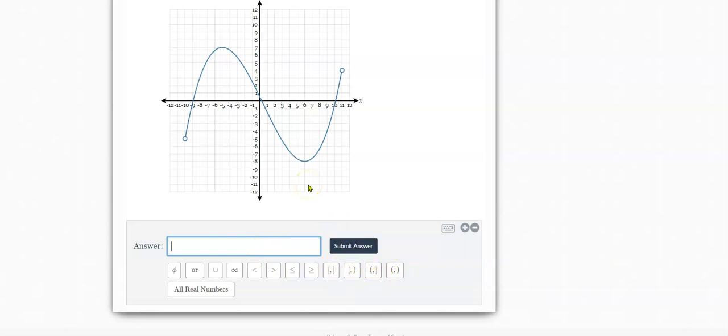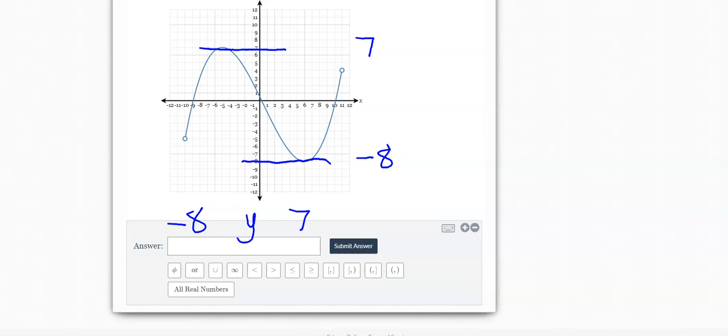So when we're talking about the range, that is the shape of the graph from how low down it goes, which is here, and how high up it goes, which is here. So you can see that the distance is from -8 all the way up to +7. So from -8 to +7 would be the span of my y values.